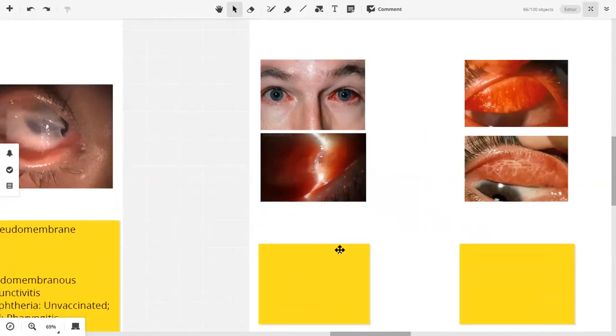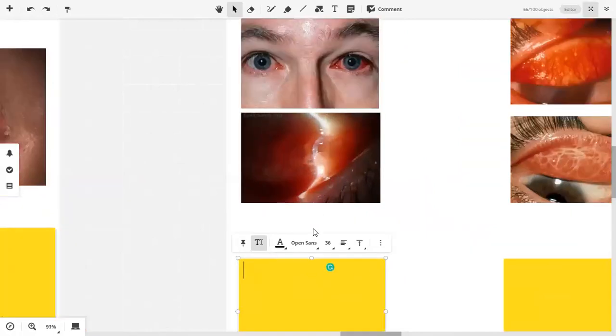Now, in this patient, what are your findings? What do you see? Is there any discharge? Is the discharge mucopurulent or purulent?